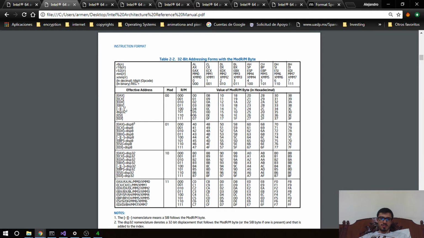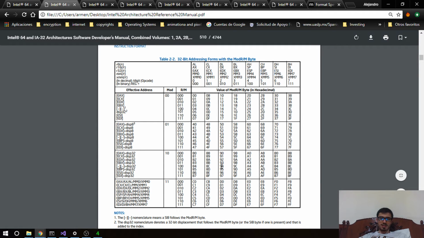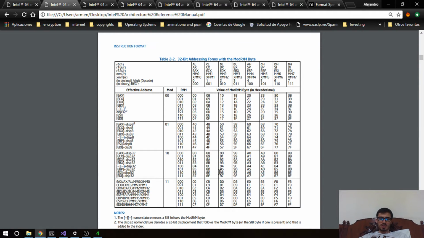I don't know, because if you think about it, we are using DX and any of the memory things here, let's say the straight 2-bit addressing form. So it can be anything of this depending on the mod R/M, and the mod R/M basically tells us which effective address we are looking at. So I think this is more respectful in that sense, well, not respectful, but this is the real meaning of it.